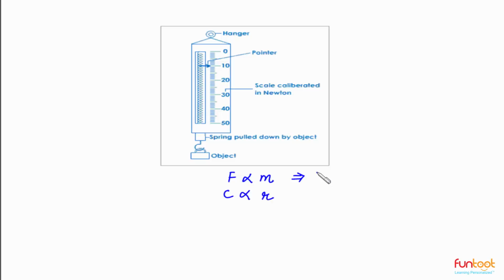From this we can form an equation force is equal to mg, where g is a constant, and from circumference C is directly proportional to radius, we can form an equation circumference C is equal to 2 pi r. So with the help of this equation, we can actually calculate the force required and circumference of the circle.